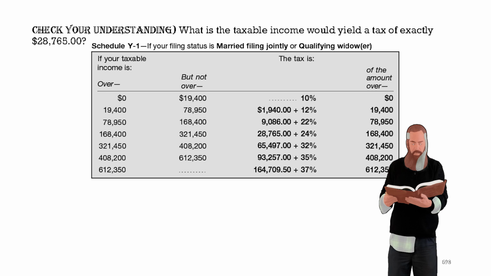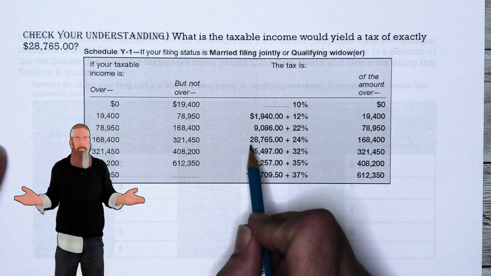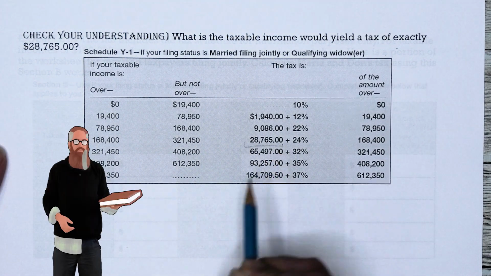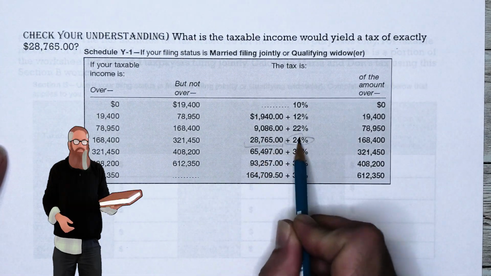What taxable income would yield a tax of exactly $28,765? Starting out, we can see that $28,765 is a tax that would be paid plus 24%.